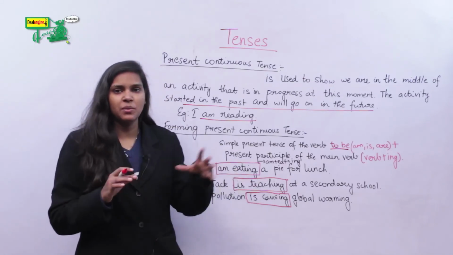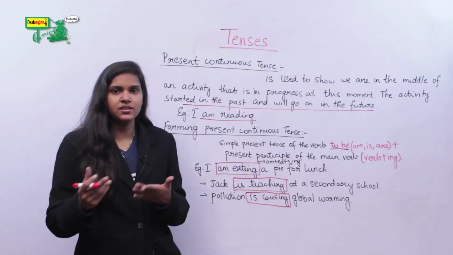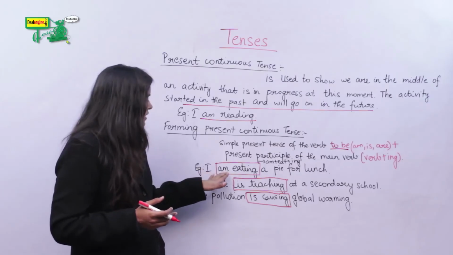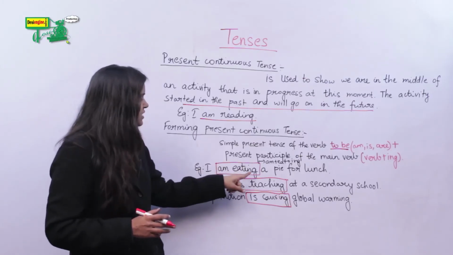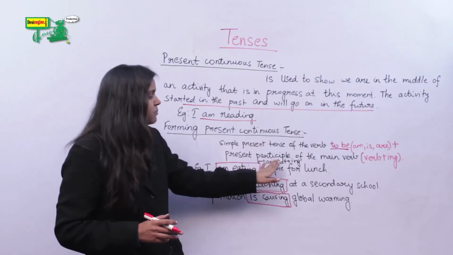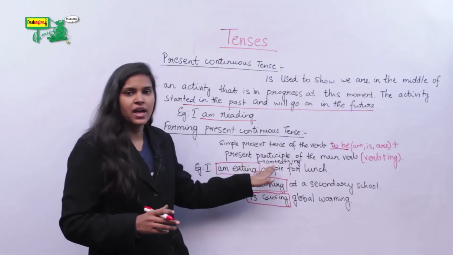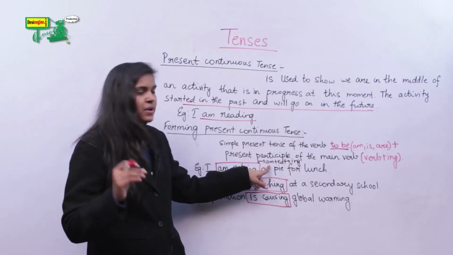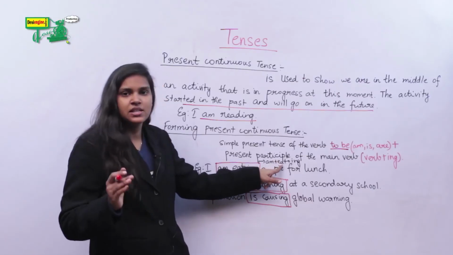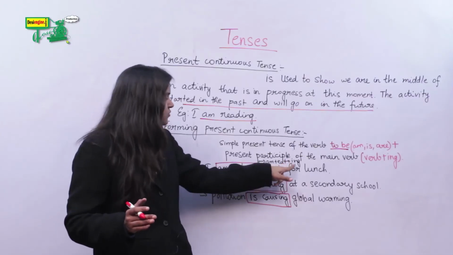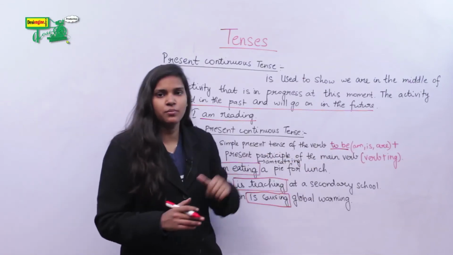Am eating is my present continuous verb, and it can be separated as am plus eat plus ing. That is, it is formed by adding am, which is the simple present tense of the verb to be. Eat is a main verb, plus when I add ing, it becomes the present participle of the main verb.